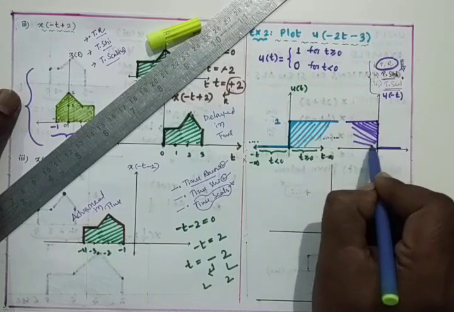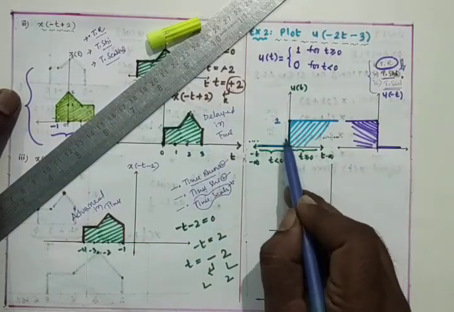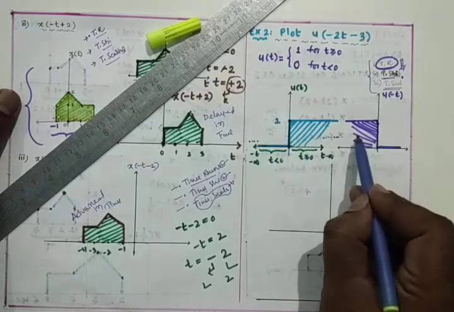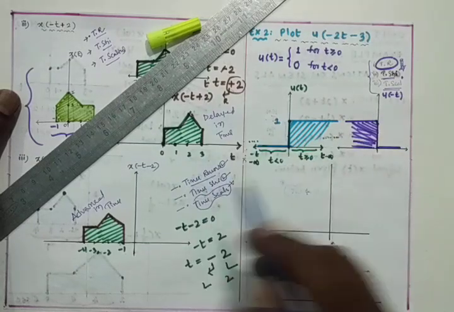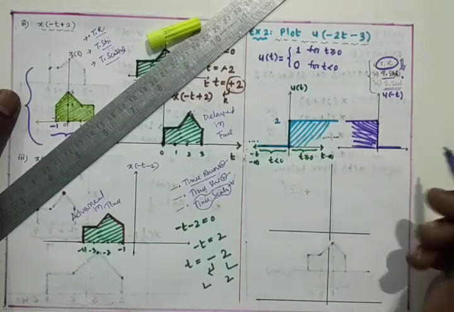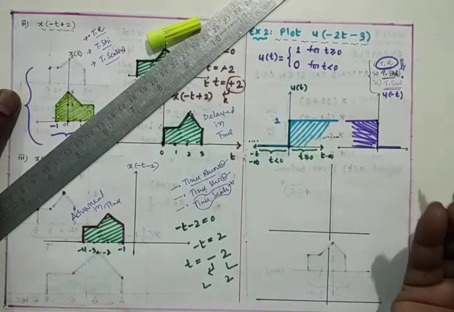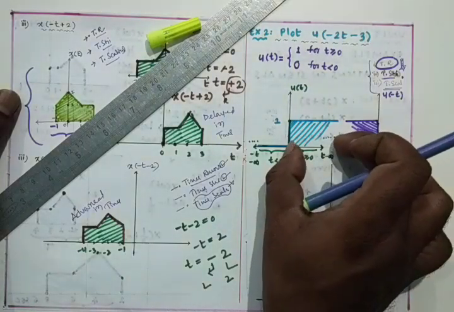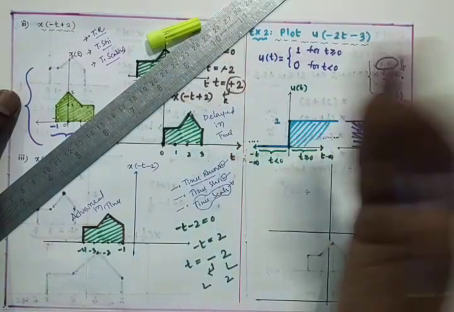It is u of minus t. Whatever was in the second quadrant came onto the first quadrant, and whatever was in the first quadrant came onto the second quadrant. That means simply t is replaced by minus t. This is a folding operation.